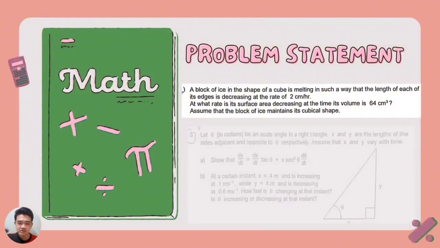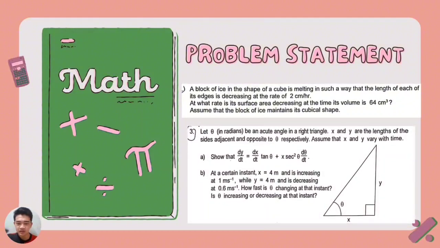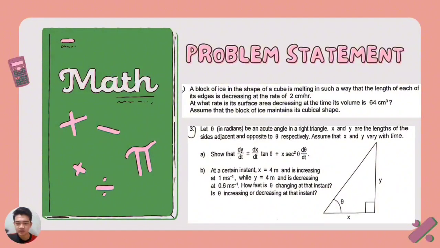Second question is, let theta in radian be an acute angle in a right triangle. X and Y are the length of the side adjacent and the opposite to theta respectively. Assume that X and Y vary with time. A. Show that dy/dt equals dx/dt tan theta plus x sec squared theta d theta/dt.